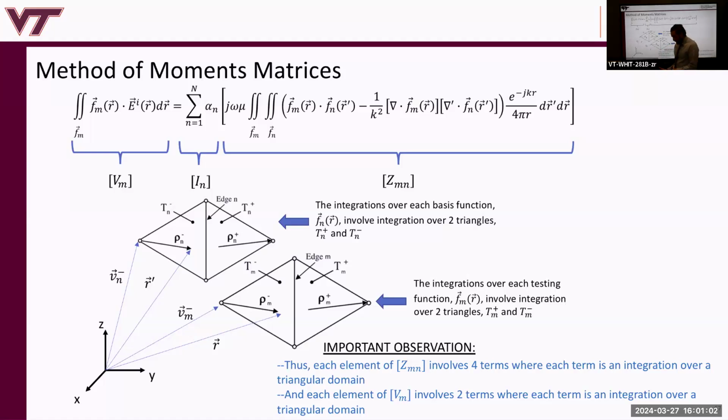So then you can start to solve electromagnetic scattering problems of any shaped objects, which you can't do using the approaches that we learned previously, which were mode matching and expansion in terms of cylindrical or spherical wave functions and applying boundary conditions to find the unknown coefficients to the expansions.